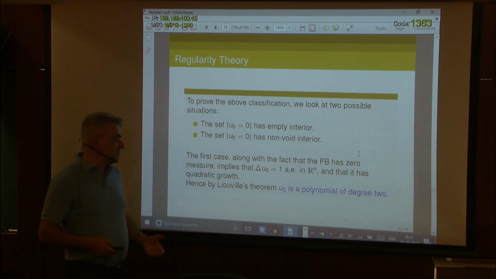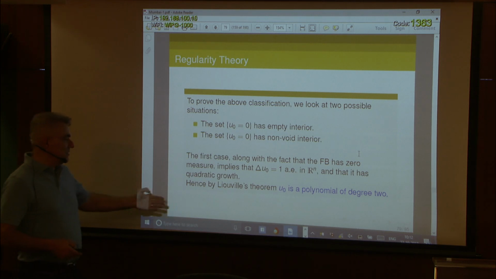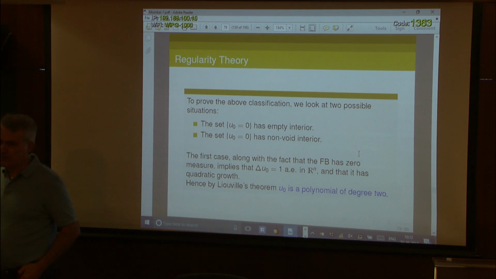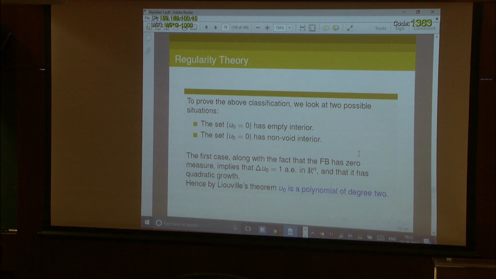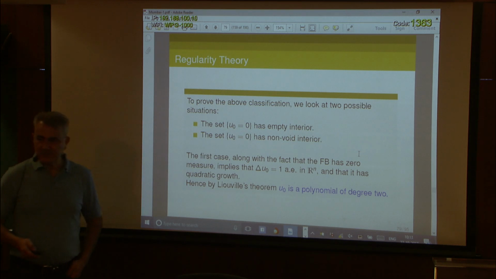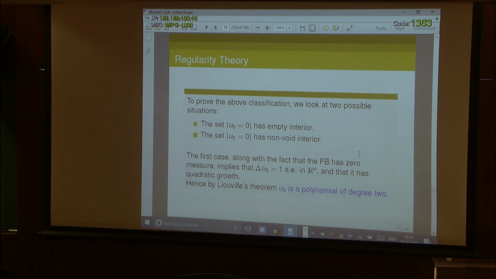So Laplacian of u is actually 1, and then Liouville's theorem applies, and you get a polynomial. I hope you work this out. So if Laplacian of u0 is 1 everywhere and the function has quadratic growth, then the function has to be a polynomial of degree 2. Alright?